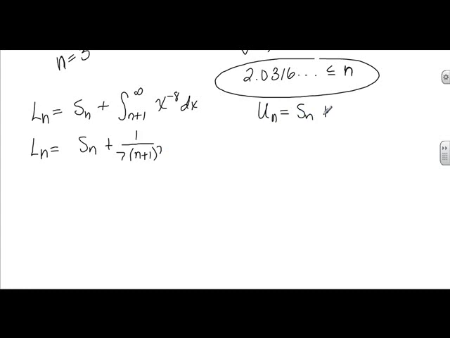So if we look at the sum of the first 10 terms, so if we consider n equal to 10, the value of the 10th partial sum we can get using our calculator. And I'll show you how to do that.